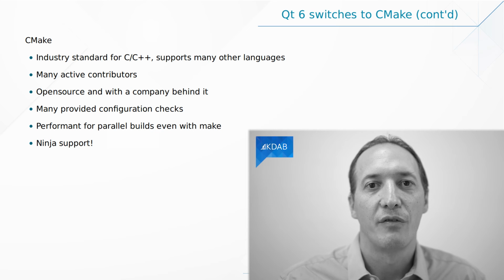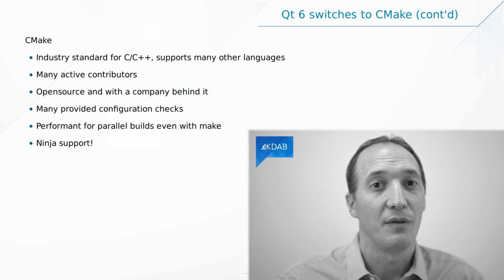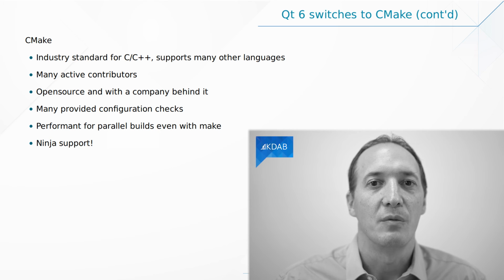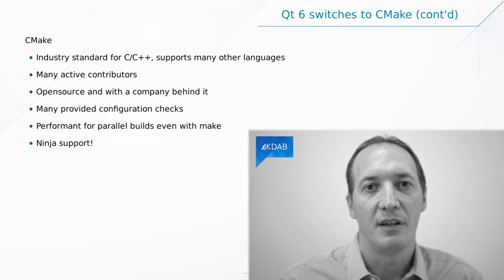So it has a global view of the project and it can parallelize it as much as it can. And that makes it faster even when using make. And if we want to make the build even faster, we can use Ninja, which is also supported out of the box by CMake. So those are a number of reasons why Qt6 switched to CMake.